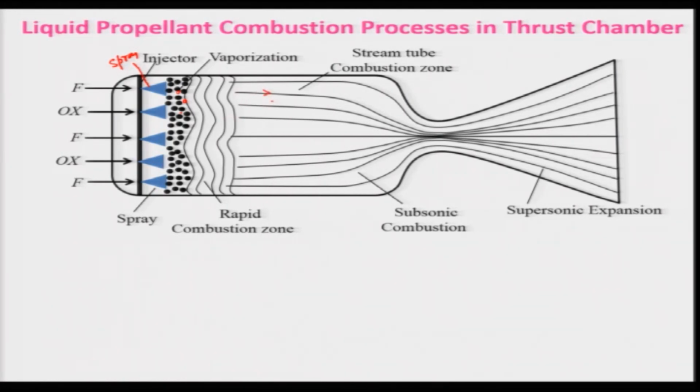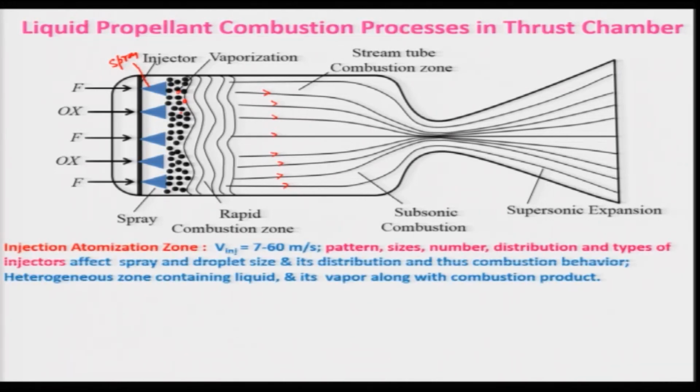Then the fluid will be moving in this direction. I have shown you some streamlines, and it will have very high velocity at the throat, and then expand again in the nozzle, and sometimes combustion will take place till the end of the throat even. Keep in mind, we call this the stream tube combustion zone, and the combustion will be subsonic in nature.